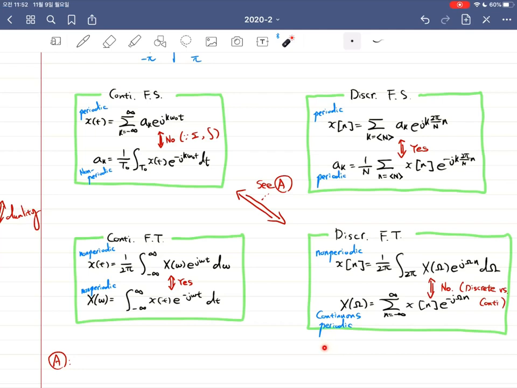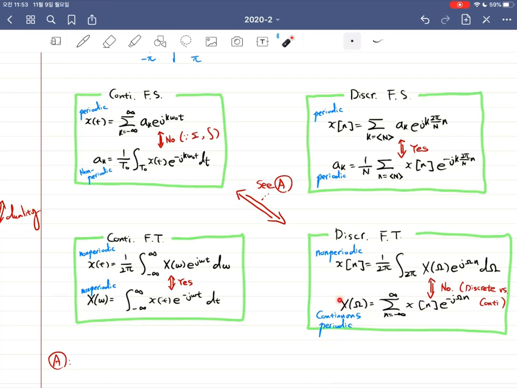And that Fourier series representation is the original sequence itself. So one more time again.